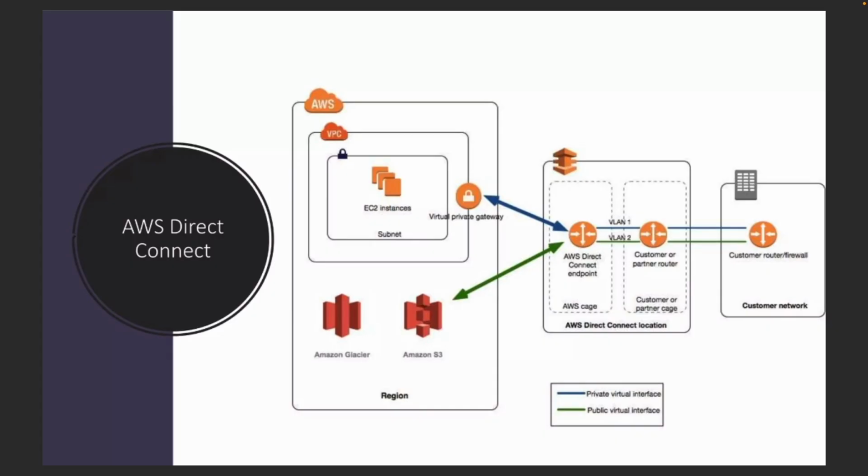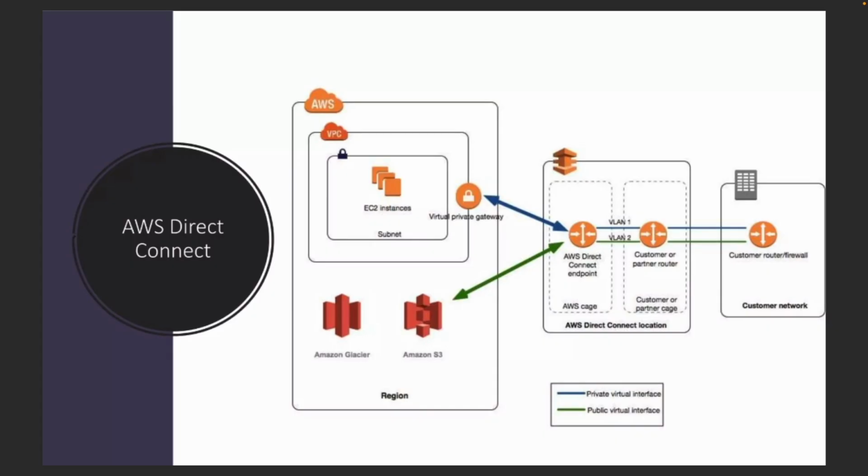Okay, let's take a look at the AWS Direct Connect architecture. This dedicated connection can be partitioned into multiple virtual interfaces. This means you can use the same connection to access both public AWS services and private resources in your VPC. A public virtual interface enables access to public-facing services such as S3.